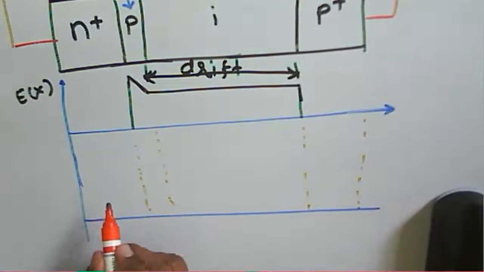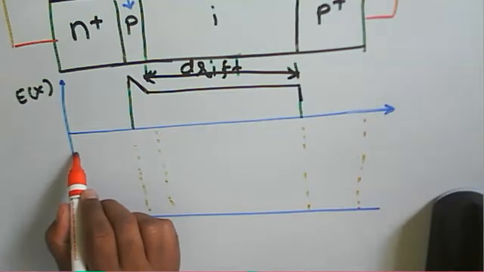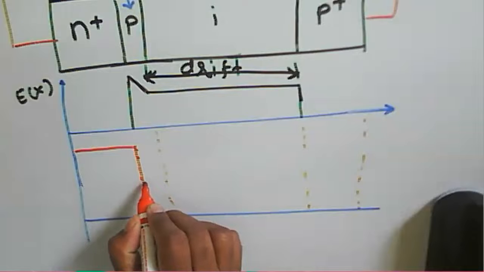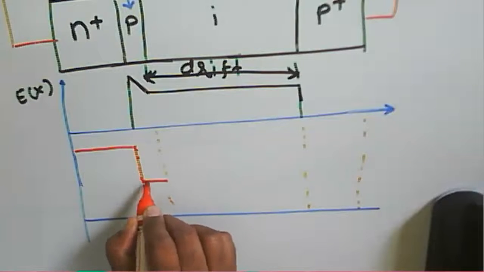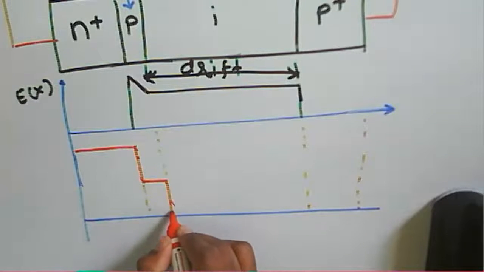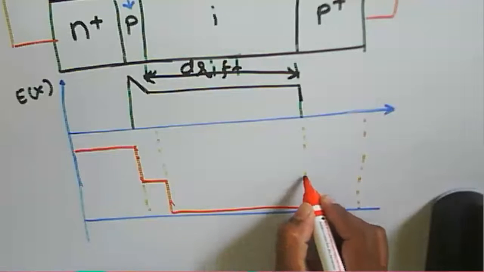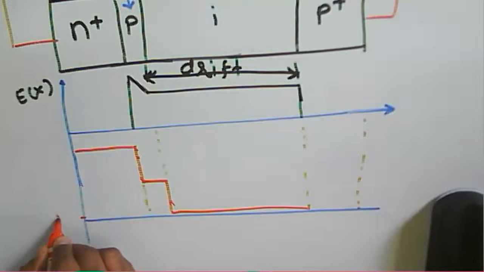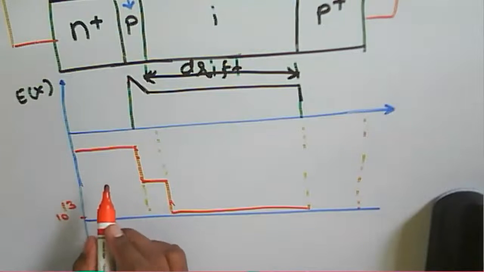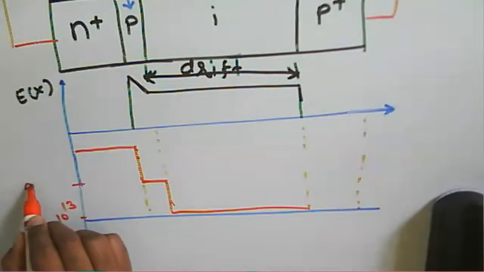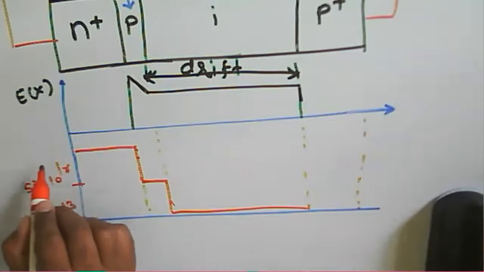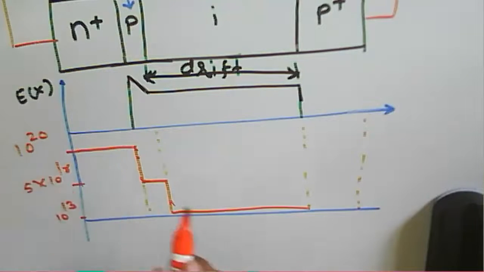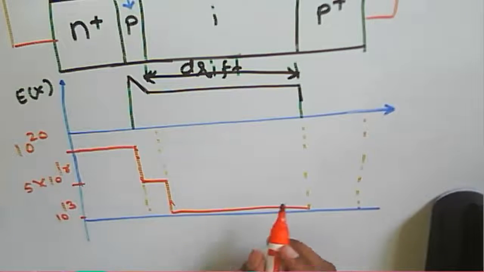The N plus region is highly doped, then we have the P region, and then a very, very thin region, the I region. For the concentration, we say 10 to the power 13, here 5 into 10 to the power 16, and here the dopant concentration is 10 to the power 20. That is the dopant concentration.